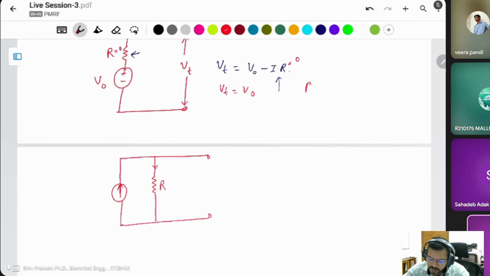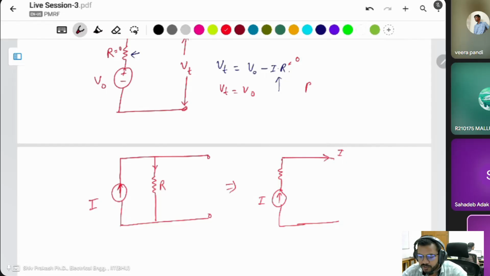Suppose if I take a resistor in series with a current source, then what is the current here? It is the same I, because there is no current drop here, since this resistor is in series with the current source. That's why this representation is not correct.